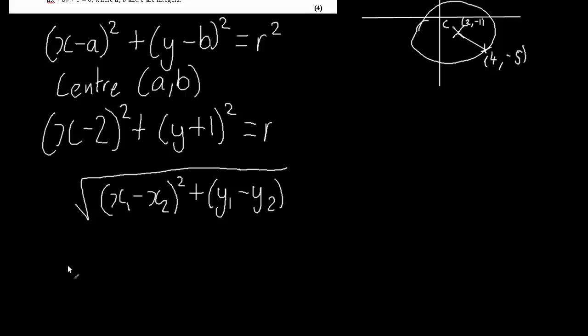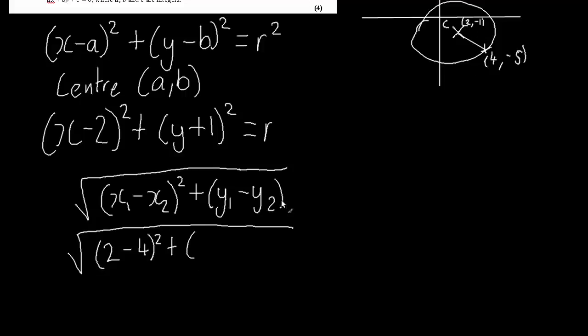If we make the centre x1, y1, then x1 is 2, and we subtract x2, which is 4, and square it. Then y1 is minus 1, and y2 is minus 5, so minus 1 minus minus 5, squared. Sorry, I missed the squared there.